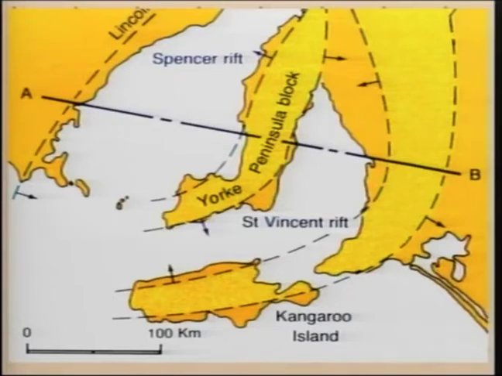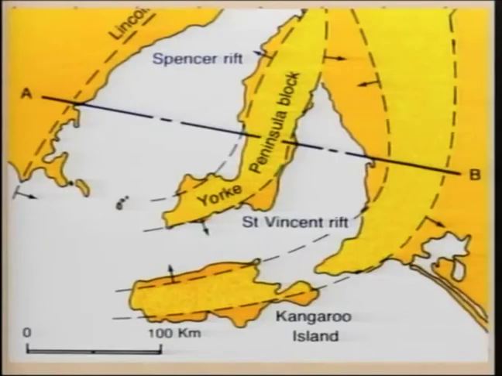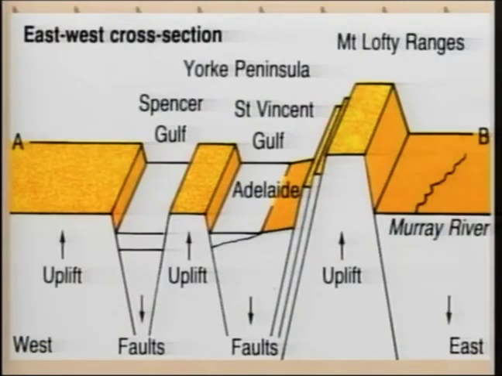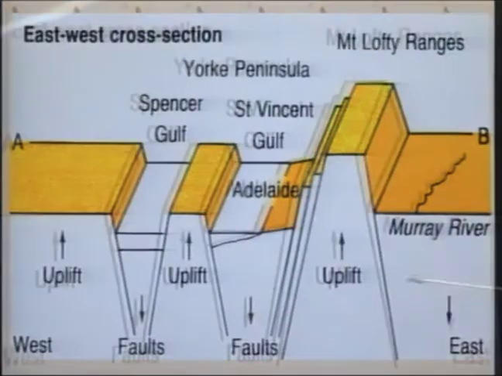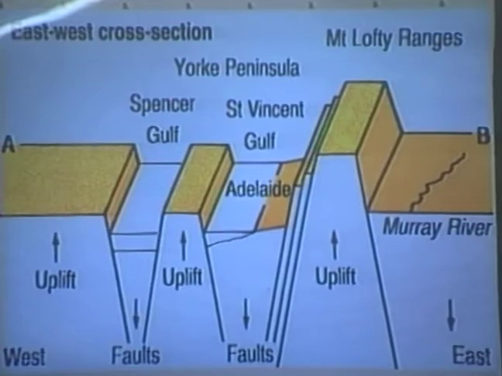Along that line A to B, this is what block faulting would actually represent for this particular region from point A to point B. Okay, so if you look at that information, you can see now some areas which have been uplifted. There is a depressed area, uplifted area, depressed area, and so on along that line from A to B. So here we have another good example of block faulting.